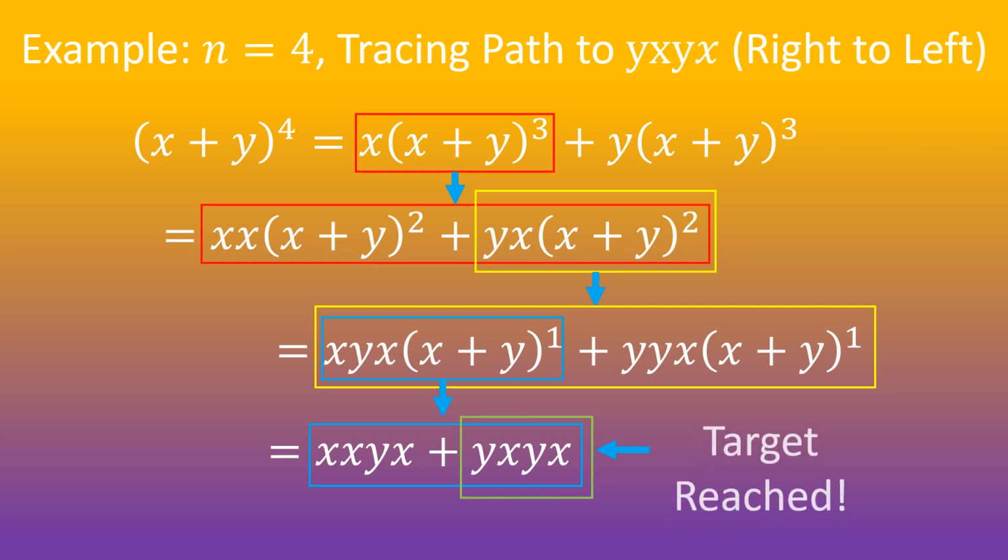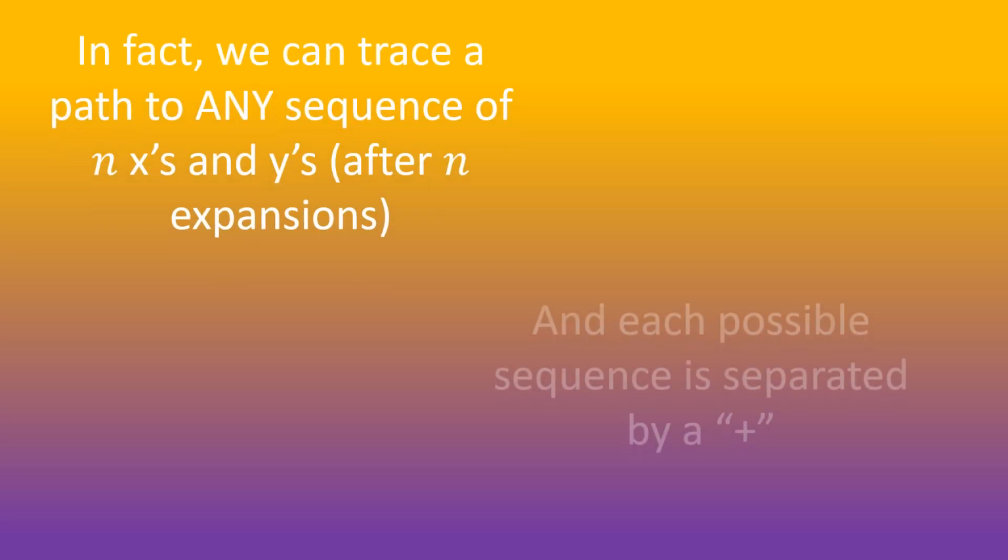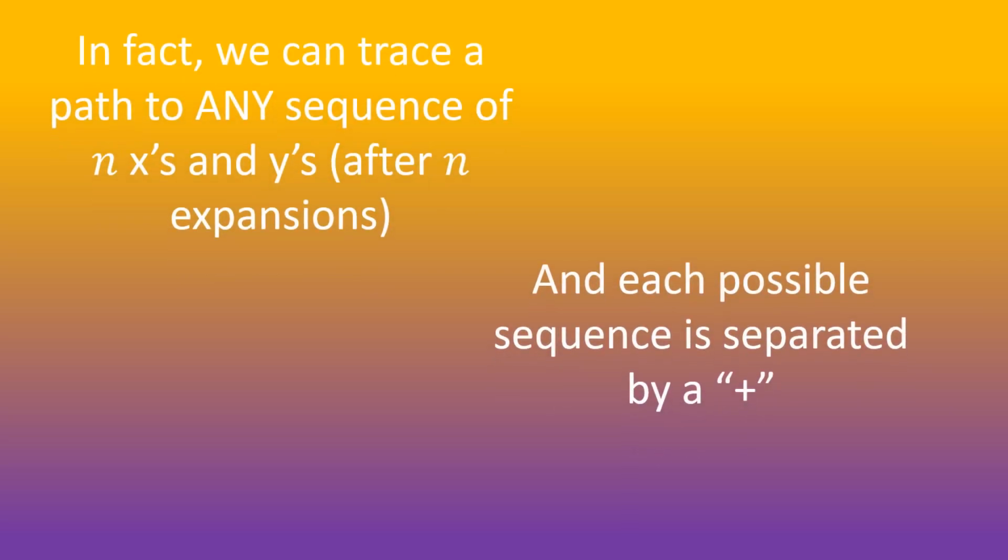Thus, we have successfully traced to a certain permutation of x's and y's. And you'll see that we can do that for any permutation of x's and y's. So like we said before, we can trace a path to any sequence of n x's and y's after n expansions, and each possible sequence is separated by a plus sign.